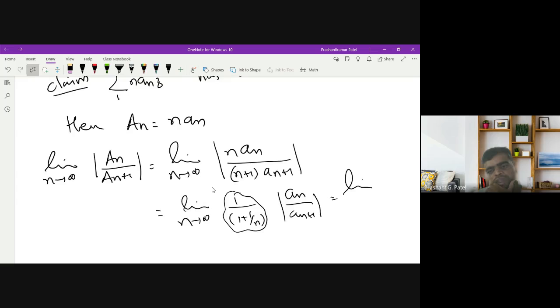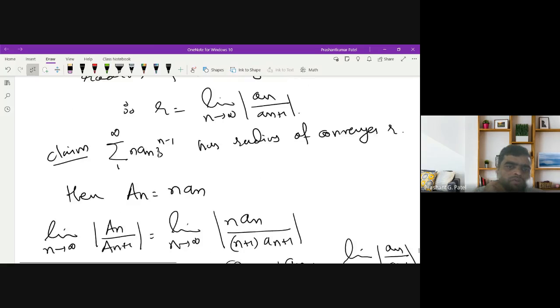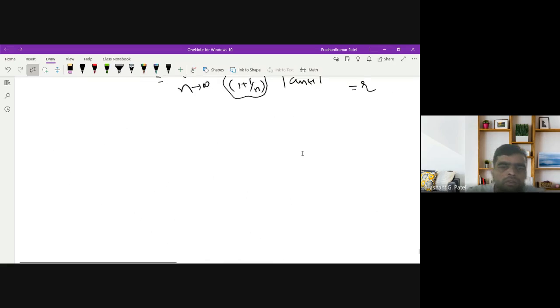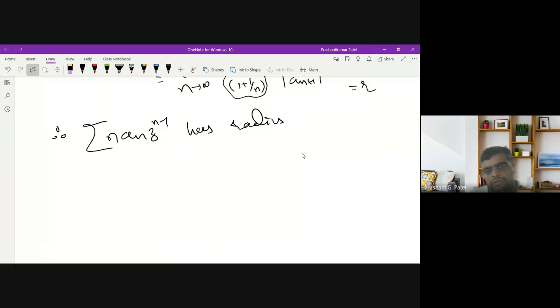So this has the answer limit of mod of a_n upon a_(n+1), and this has the answer R, which proves that summation n into a_n z raised to n minus 1 also has radius of convergence R.